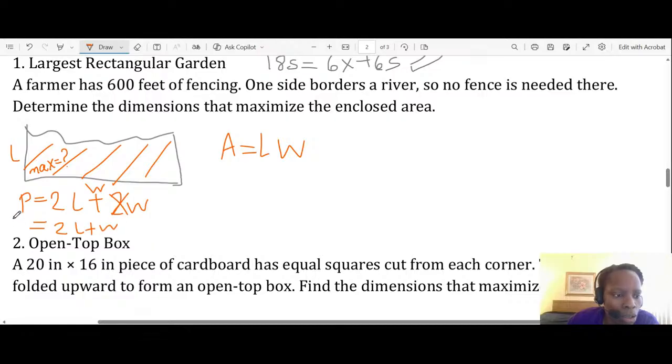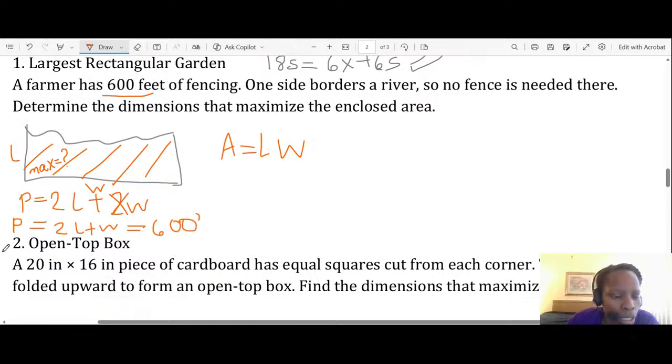Okay, so the perimeter is all the fencing that we need, and we're going to use 600 feet for that perimeter. So we can say that is equal to 600 feet.